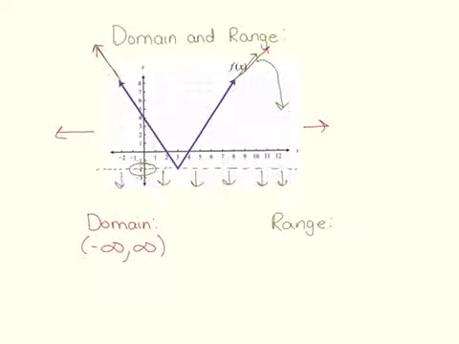Everything on the graph is above there, and because those arrows go up, it means I'm never turning around and coming back down below that x-axis or even below -2. So my smallest value, remember, goes first, and because I have a value at -2, I have to use that bracket. And then this is going to continue indefinitely up towards infinity. So my range is from -2 to infinity.